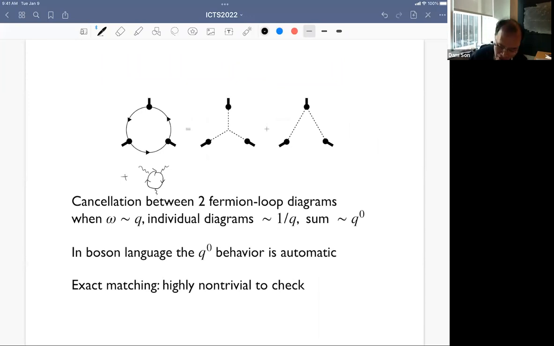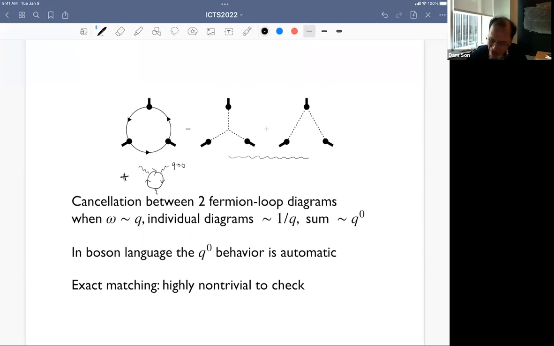And this is also non-trivial in the following manner. These 2 diagrams almost cancel each other exactly in the limit when the momentum q of the external legs goes to 0. This non-trivial cancellation is natural in the bosonic picture.